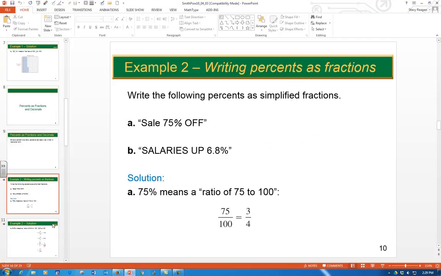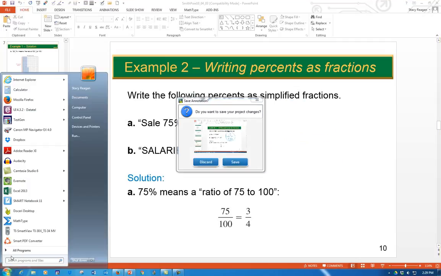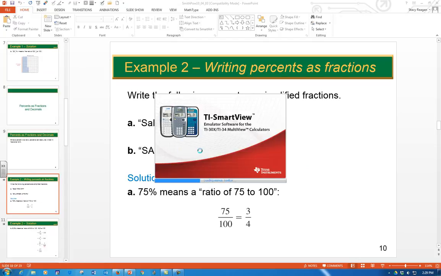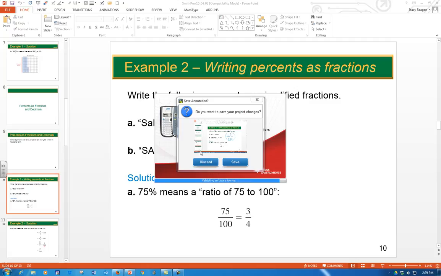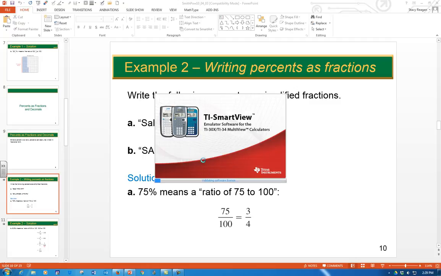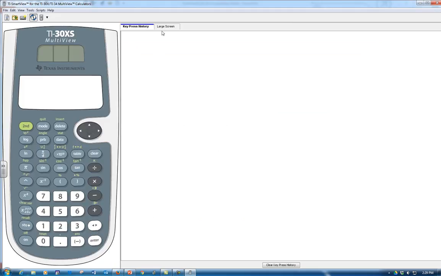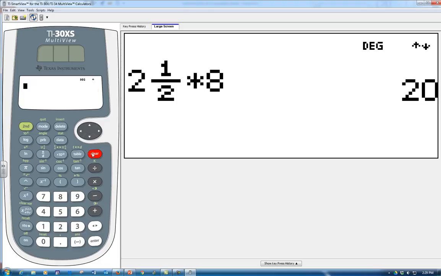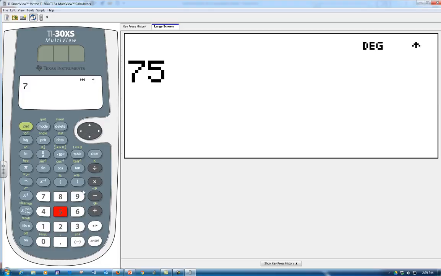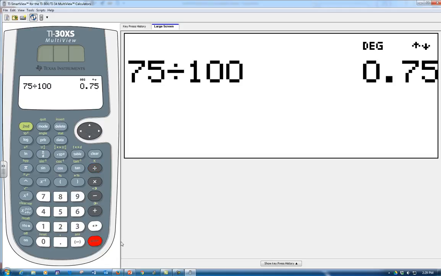So if I pull up our calculator, and we just take it and put the 75, let's just do it this way, 75 divided by 100, that gives us our decimal.